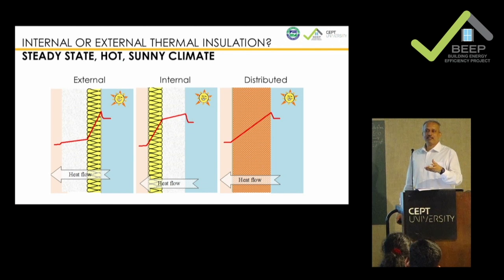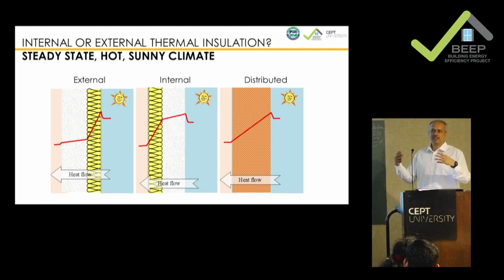Which generally doesn't happen in Delhi in winter, because your mass will start rejecting heat, and then the internal surface temperature will become so low that for an extended period of your Delhi winter, you will feel cool because of that mass. So sometimes mass does help you, sometimes it may work against you. And hence the calculation becomes important: how much should be your thermal conductivity, how much should be the thickness, and how much should be the mass.